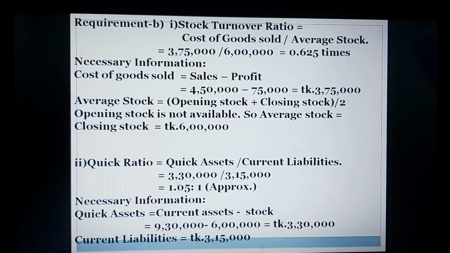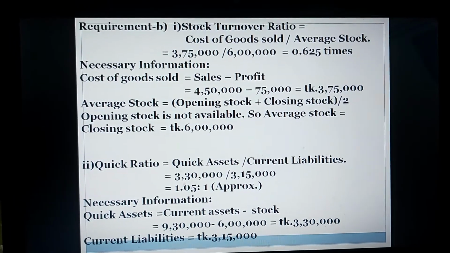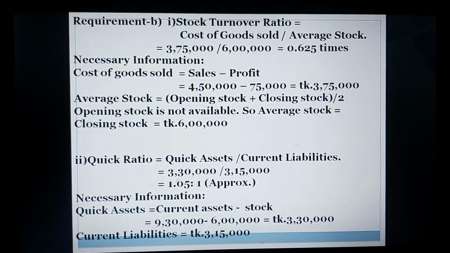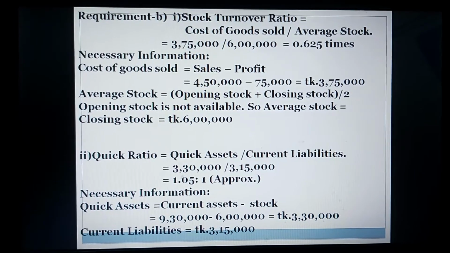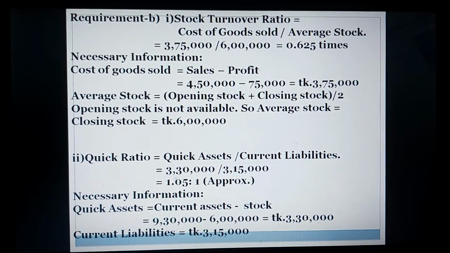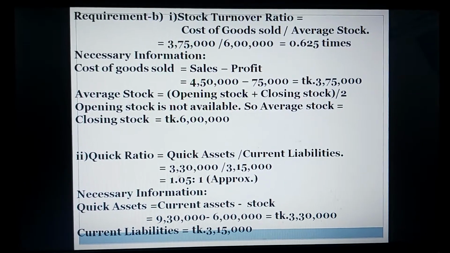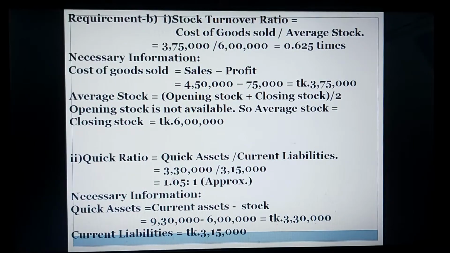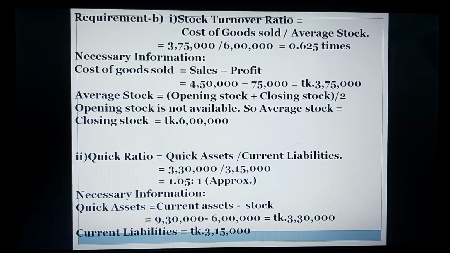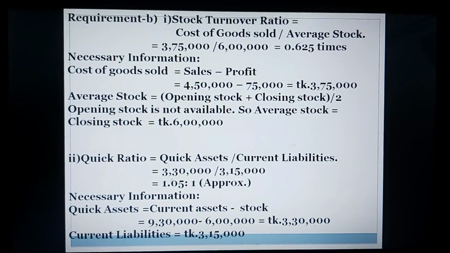That is the profit amount, taka 75,000. Now you can compute the cost of goods sold very easily. Cost of goods sold is equal to sales, 4,50,000, minus profit, 75,000. So cost of goods sold is taka 3,75,000.